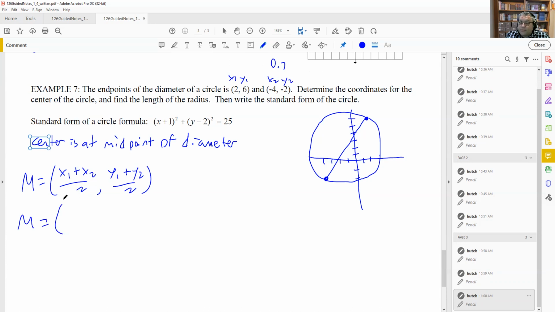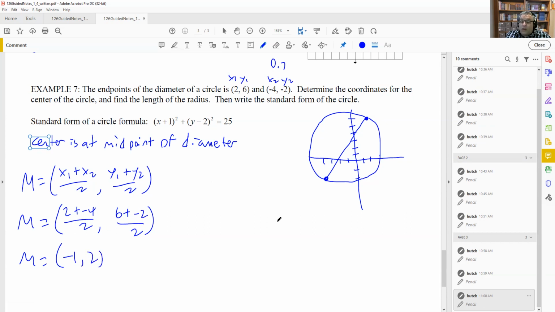So I have 2 plus -4 over 2, and then I have the average of the y's, 6 plus -2 over 2. If I simplify that, -4 plus 2 is -2 over 2, which is -1. 6 minus 2 is 4 over 2 is 2.